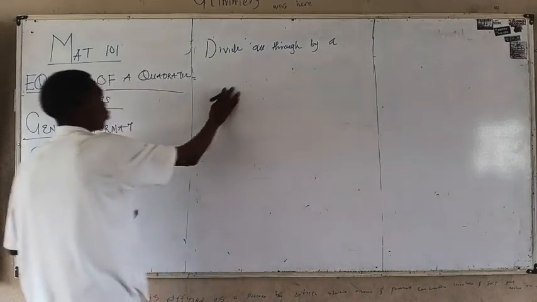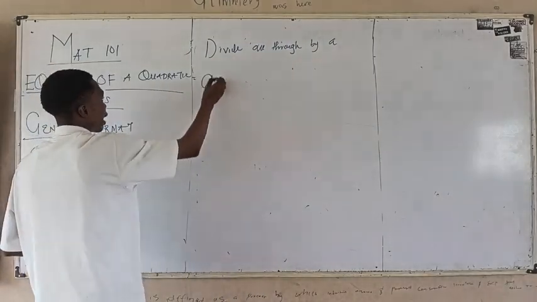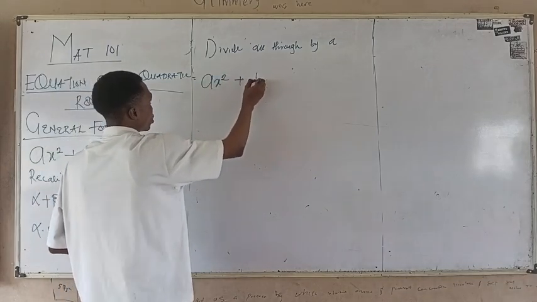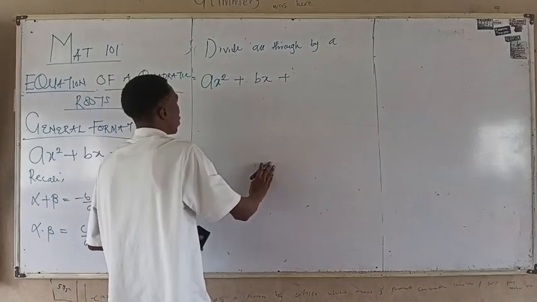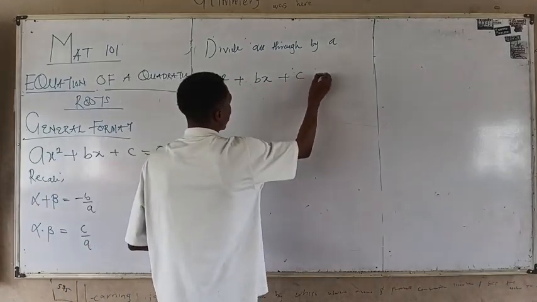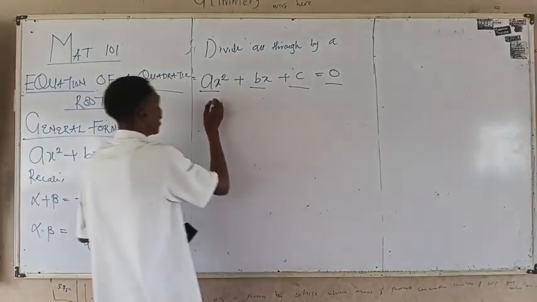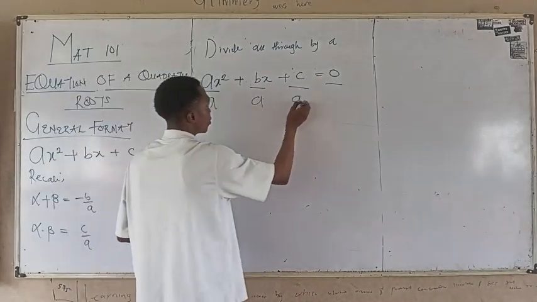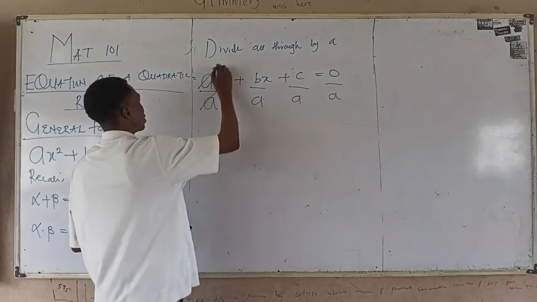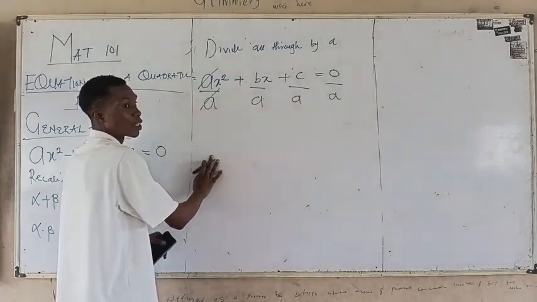when I divide all through by a, I have what? ax squared plus bx plus c equals to 0, each of them divided by what? a. So this cancels this, isn't it? Are you with me? Yes.